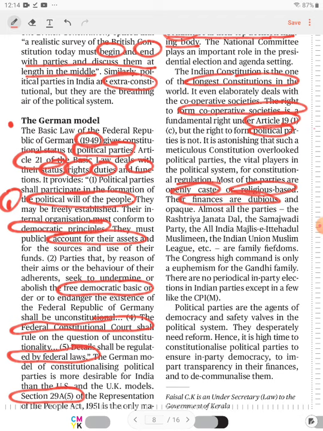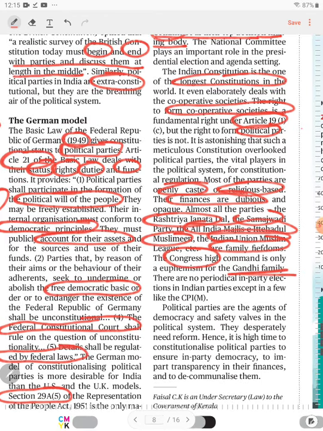If you see political parties like Rashtriya Janata Dal, Samajwadi Party, All India Majlis-e-Ittehadul Muslimeen, or the Indian Union Muslim League, they are nothing but family fiefdoms. They are still following how earlier kings and queens were, maintaining a hereditary structure. And even if you see the Congress party here, it is nothing but a euphemism for the Gandhi family, correct?